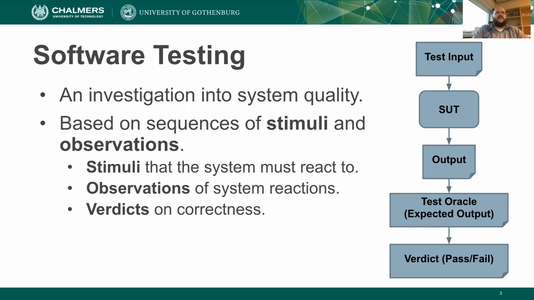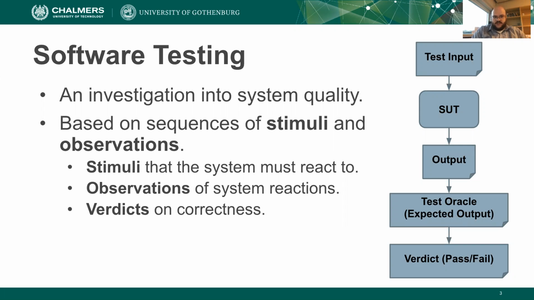So software testing is fundamentally an activity, or an investigation rather, that we conduct to assess the quality of the system that we're developing. It's the search for deviations from some expected set of behaviors. Right? And testing is based on sequences of stimuli and observations. Essentially, we poke the system and we see what happens. We create a series of stimuli that the system has to react to, that we pass input to the system, or we create environmental conditions the system has to react to.